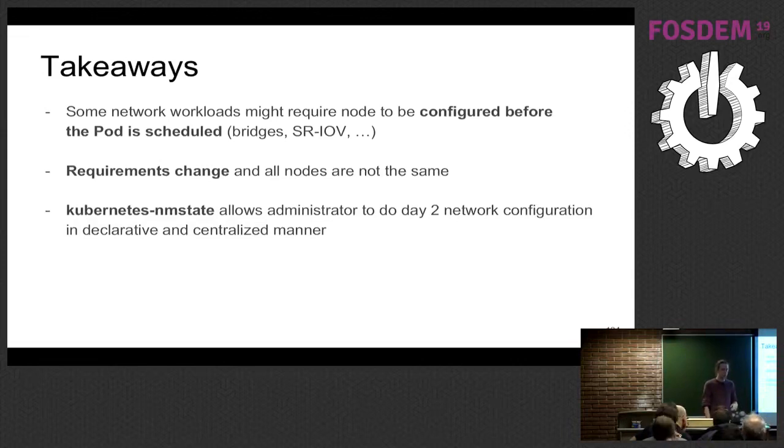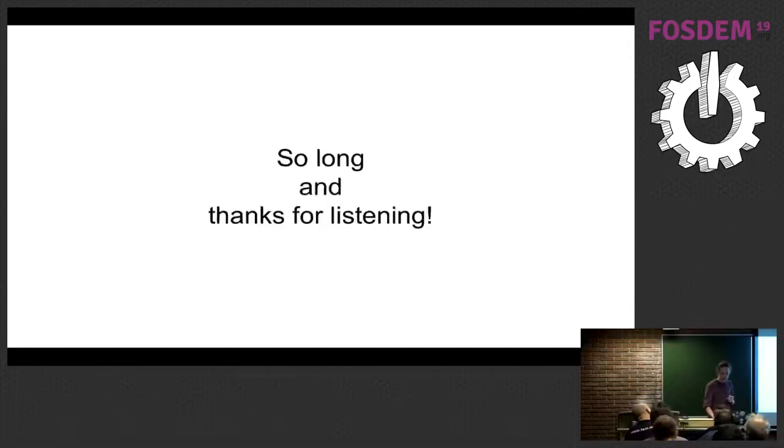But if you need to dynamically reconfigure your nodes, you might be interested in using Kubernetes nmstate, which gives you simple access to configure your nodes and networking just using kubectl and definitions of states, instead of accessing those machines and manually configuring, adding and removing interfaces there. So that was it, and thank you for listening.